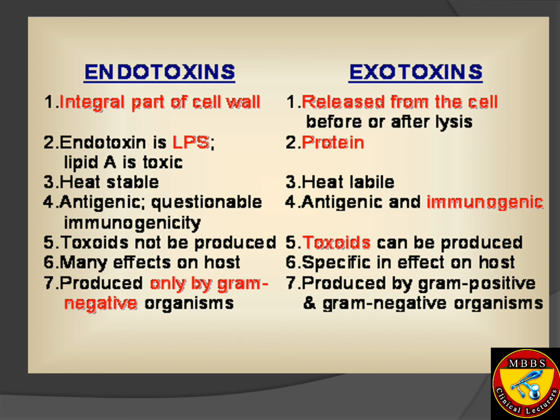That's why they are used to produce toxoids. Toxoids can be produced, and they are specific in the host, and exotoxins are produced by both gram-positive and gram-negative organisms. So these are the major differences between exotoxins and endotoxins. Try to remember these because these are usually asked in viva as well.